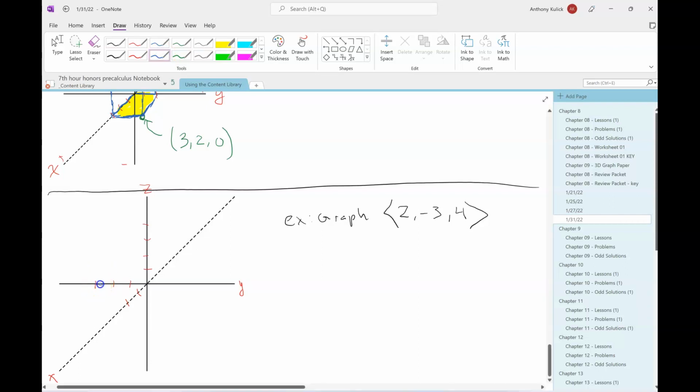I'm going to now draw the bottom of my box. So there's the point 2, -3, 0.